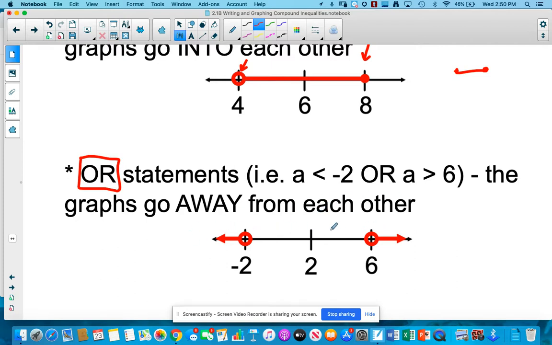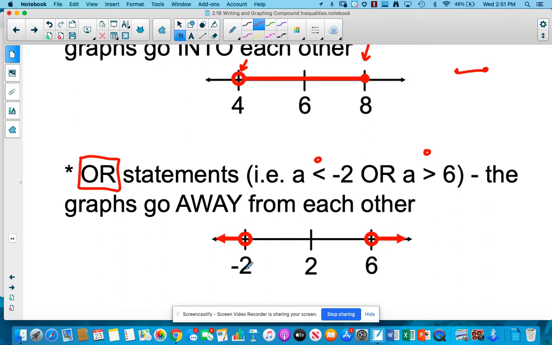So when we say this, we say A is less than -2 or A is greater than 6. Notice less than is an open circle, greater than is also an open circle.